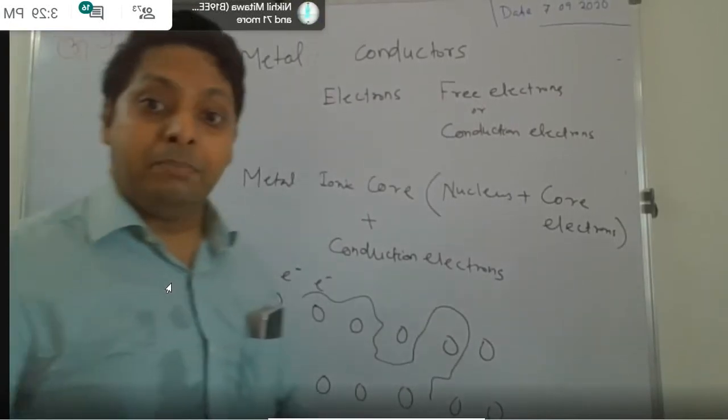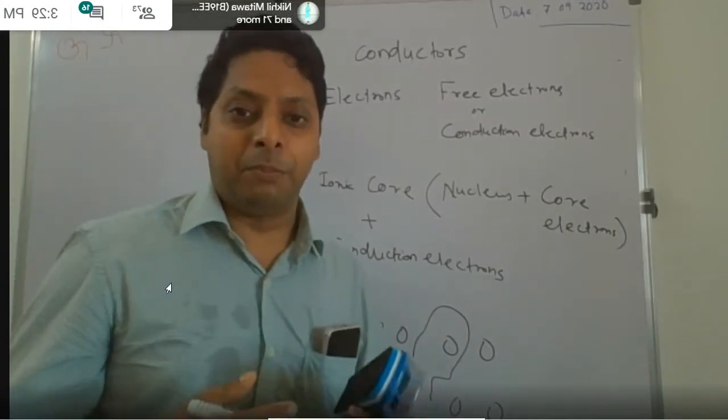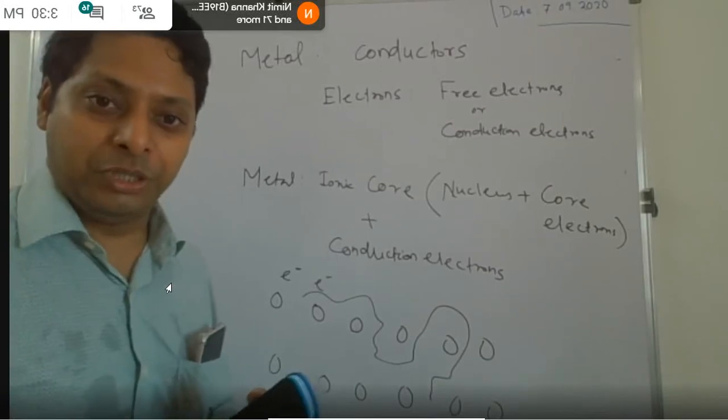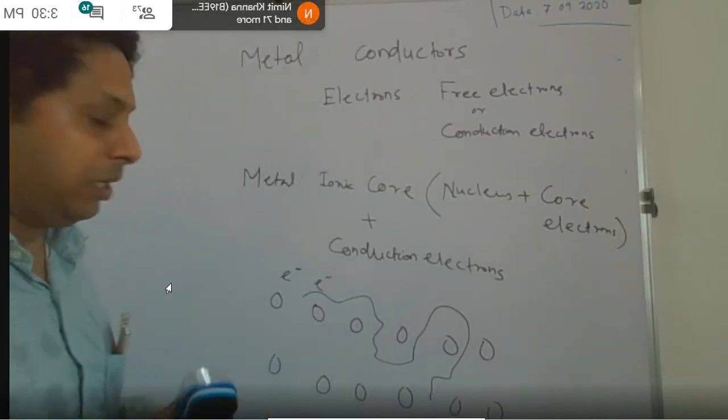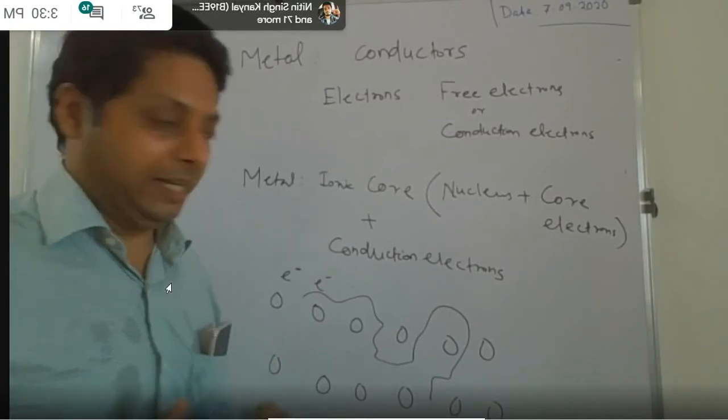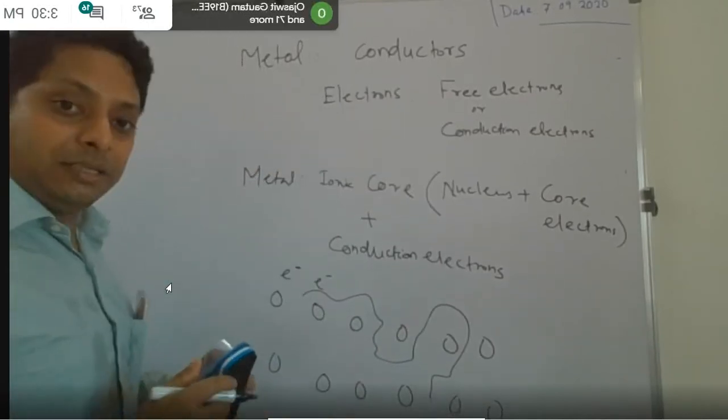And that's why the magnetism that arises from metals is also very complex. It is not so easy or straightforward, but we will simplify things.